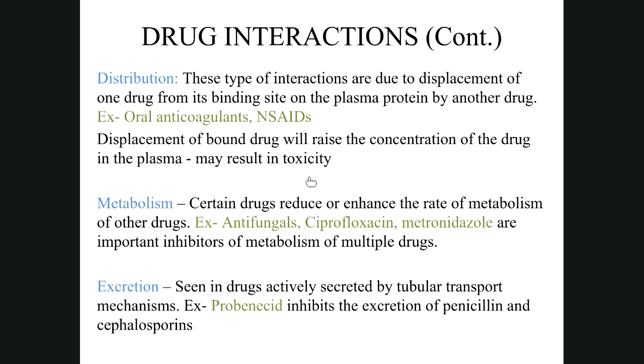Due to this removal, the drug is getting accumulated in the plasma, leading to increased concentration of free drug in the plasma, which may result in toxicity. Oral coagulants and NSAIDs are the example.